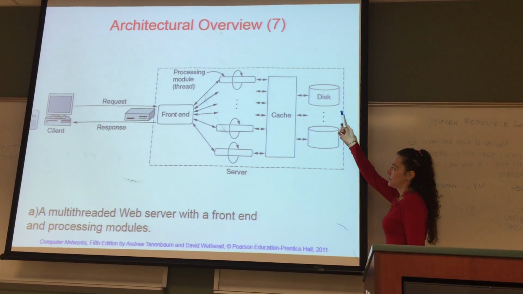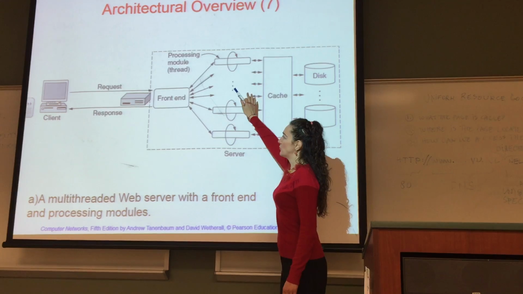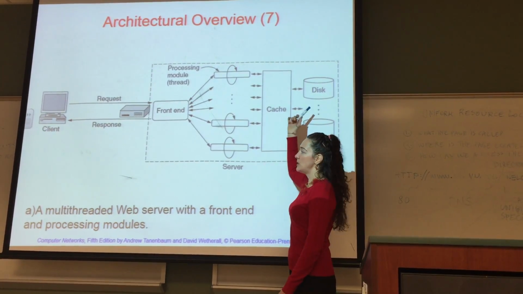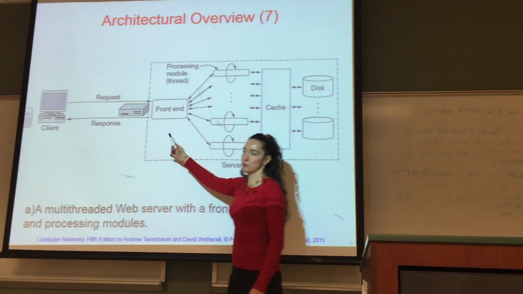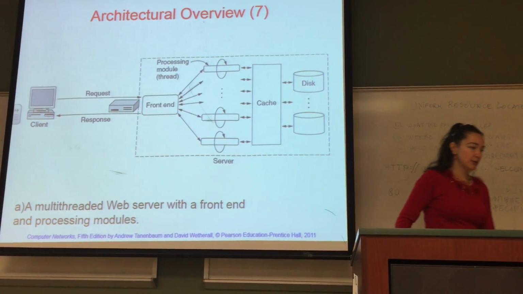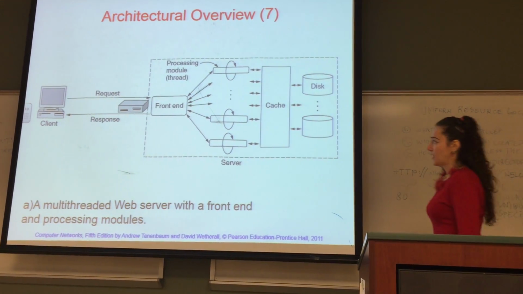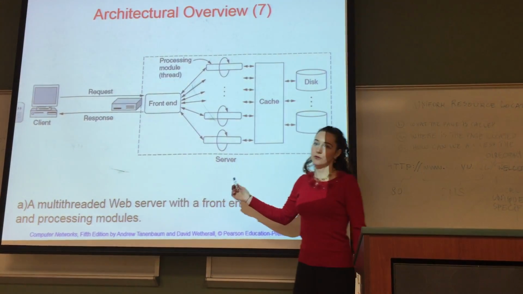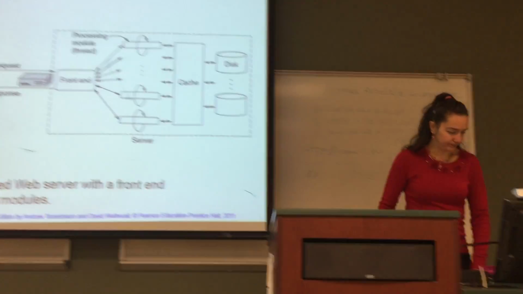If we have to go to disk, that takes a long time. And if we didn't have these threads, if we had a single process, every time it goes to the disk, it would be unable to get new connection requests and send responses until it's finished with the disk. So that's why we have these multiple threads going on. And oftentimes these threads can get in the way of each other and deadlock each other, and that's when the server is dead and you get a service unavailable error.